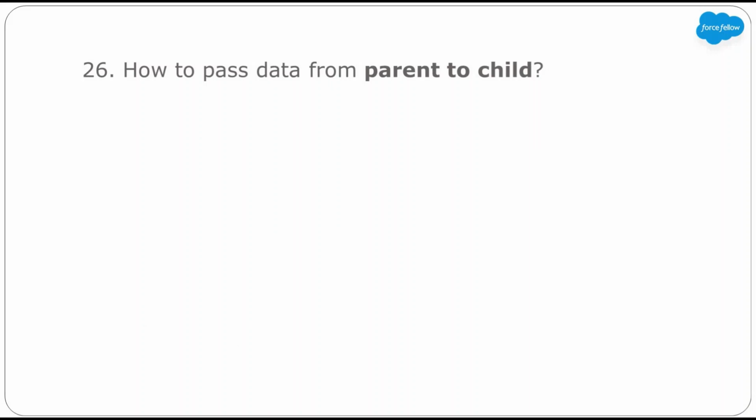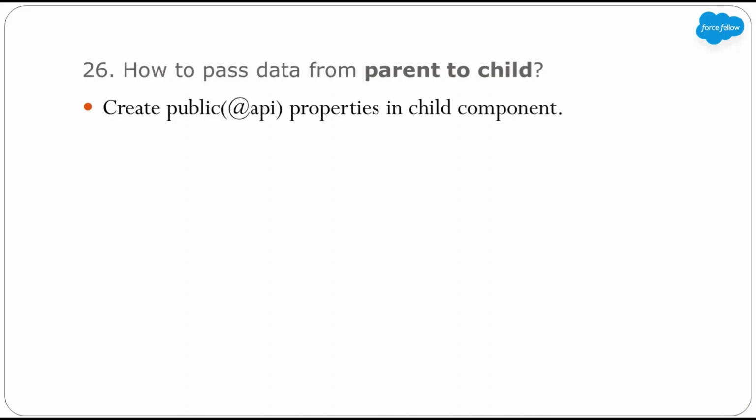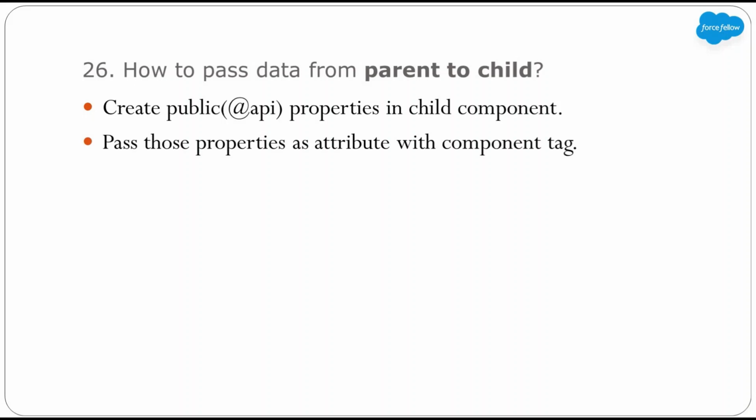So the first is how to pass data from parent to child component. To pass data from parent component to child component, the first thing is we need to create public properties in the child component. How can we create public properties? With the help of the API decorator. So the parent component can pass data to those properties, and we can pass those properties as attributes with the component HTML tag.